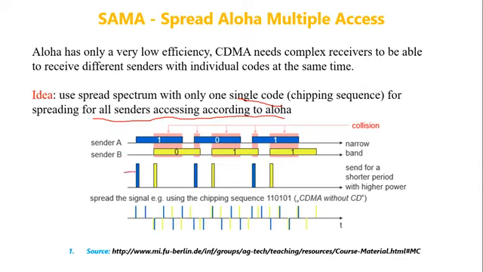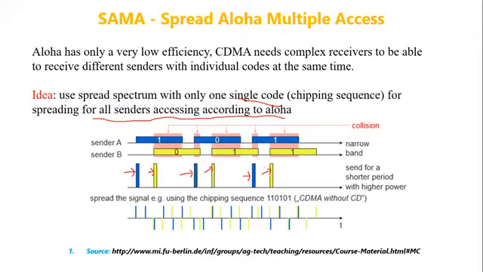A is sending 1 first, then B is sending 0, then A is sending 0, then B is sending 1, then A is sending 1, and then B is sending 1. If you convert the signal in this format with high power, it can be transmitted without collision, but then we need a high power to send this.